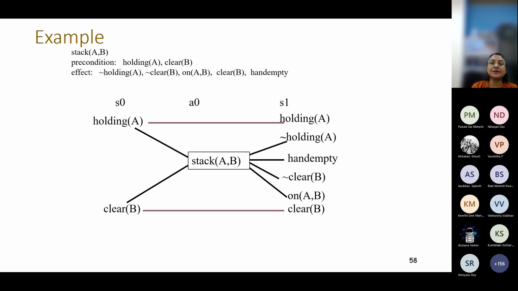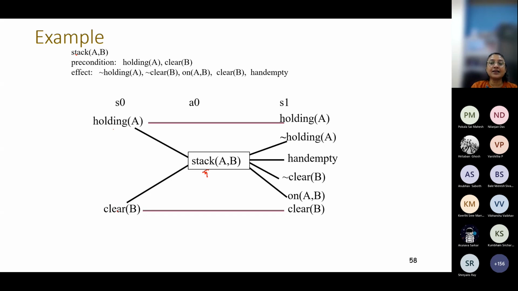Now let us take an example. Suppose we have the action stack AB, and the preconditions are holding A and clear B. So far we have seen what the nodes in the graph are. Now we have to look at the edges. One is the persistence action edges, which we have already talked about.